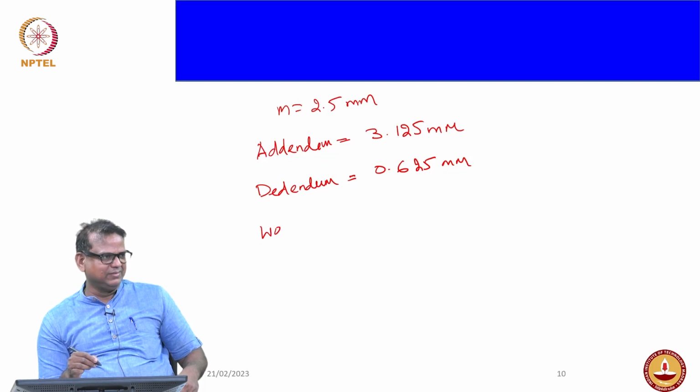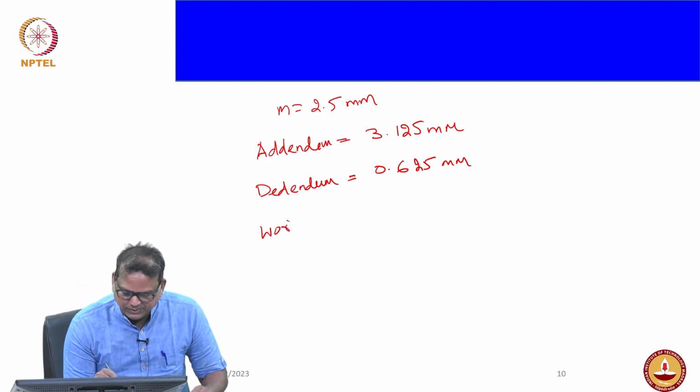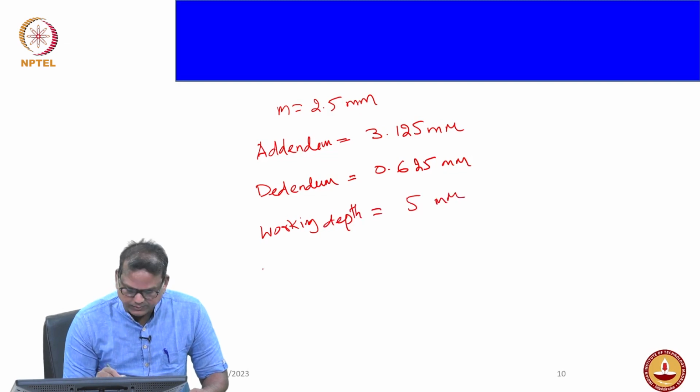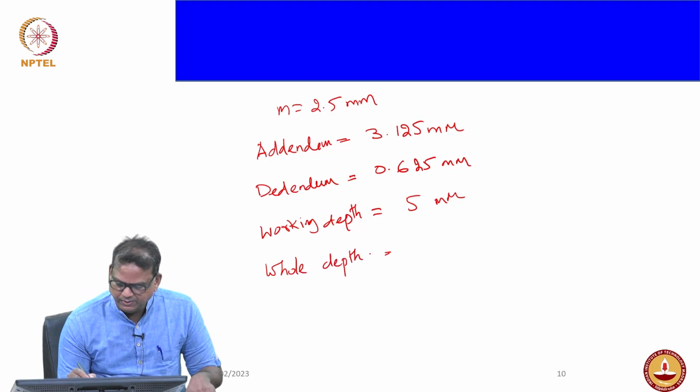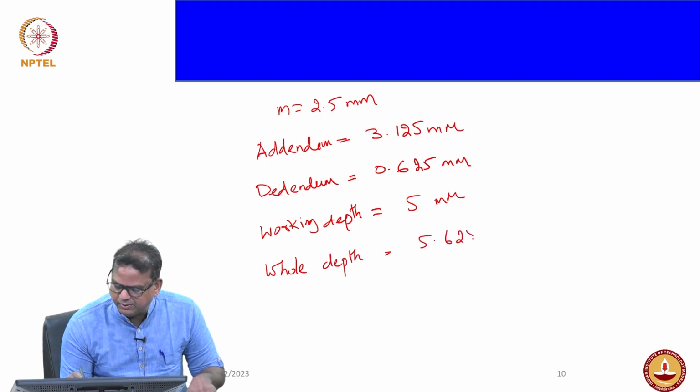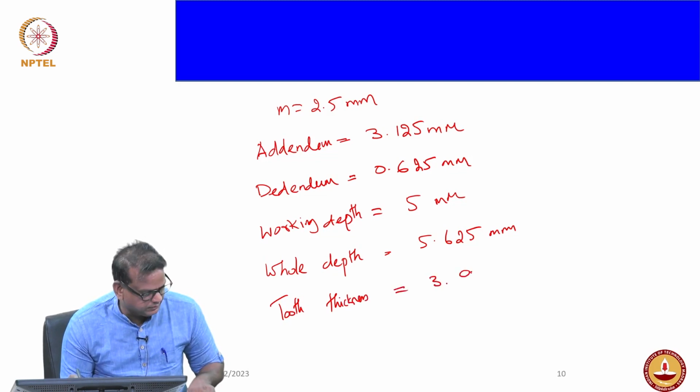The working depth is 5 mm, the whole depth, these are the standard nomenclature for gear, is 5.625 millimeter, and tooth thickness T is 3.927 millimeter.